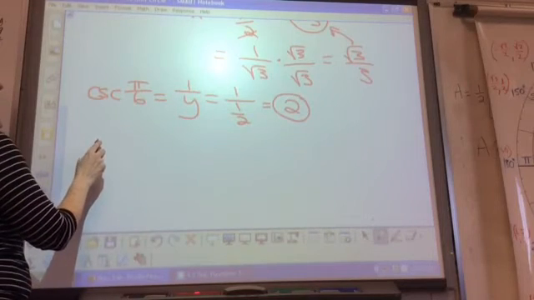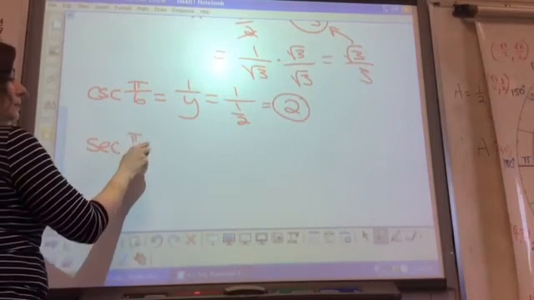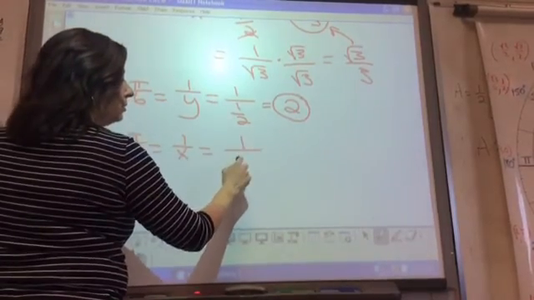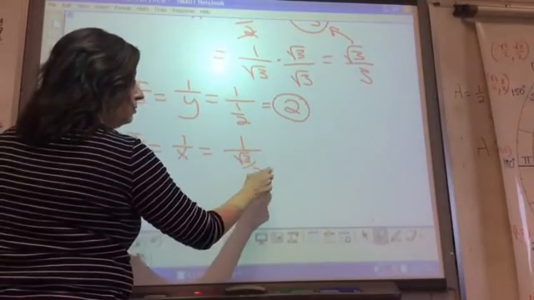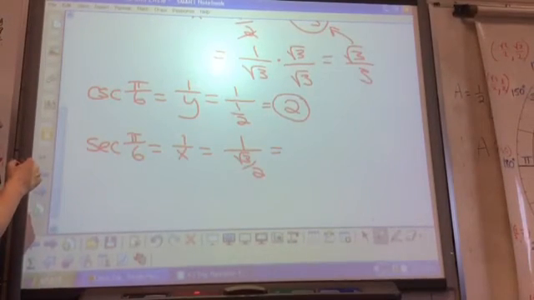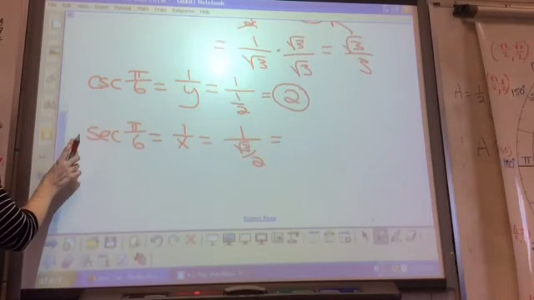Secant. 1 over x. 1 over square root of 3 over 2.